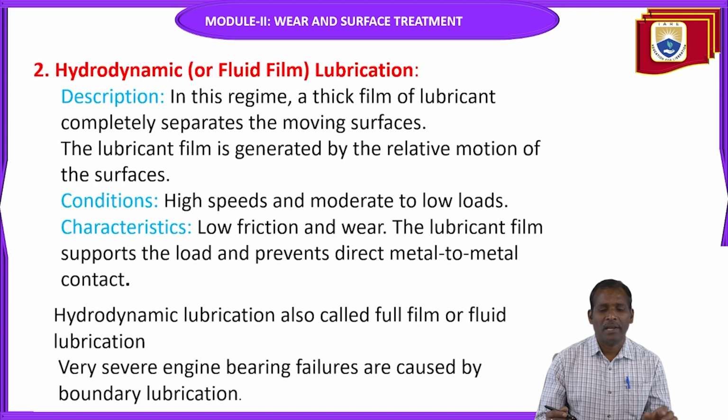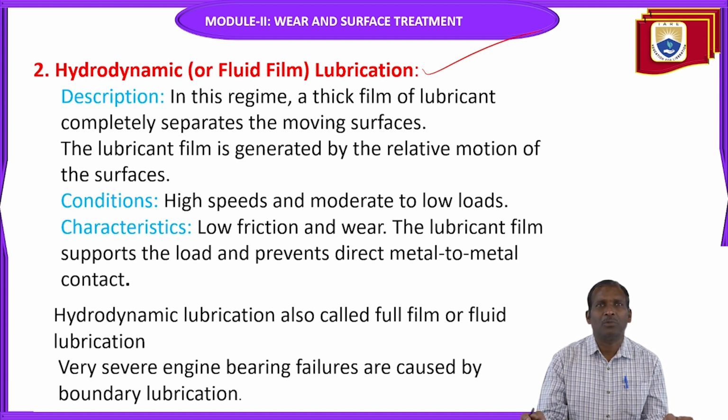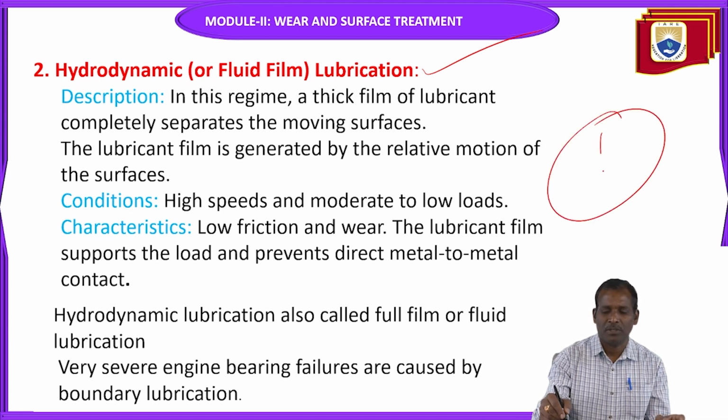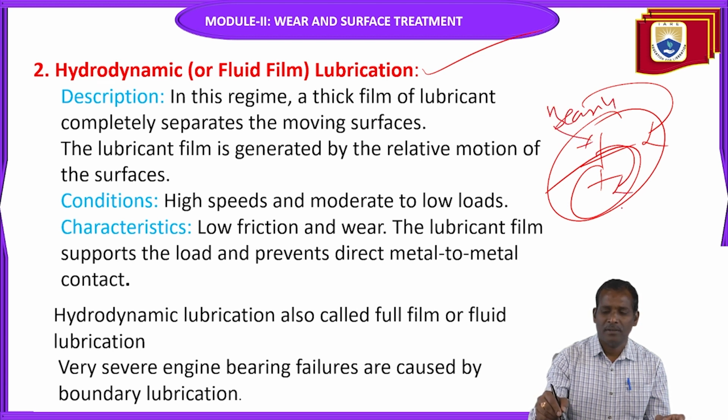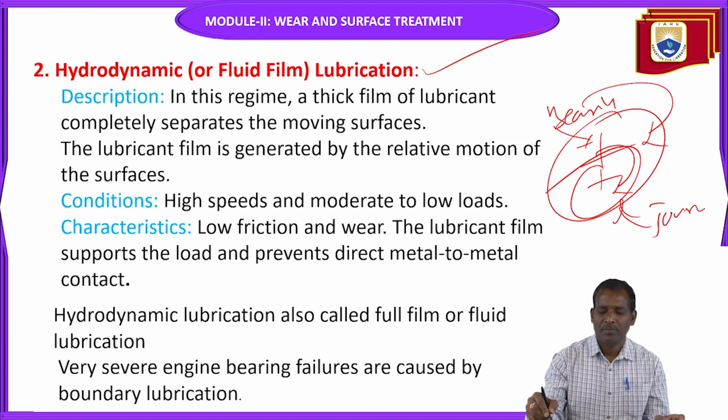The second one is hydrodynamic or fluid film lubrication. In this regime, a thick film of lubricant completely separates the moving surfaces. The moving surfaces: suppose one is the bearing and another one is the journal. In boundary lubrication there is metal to metal contact and only a thin film is possible.